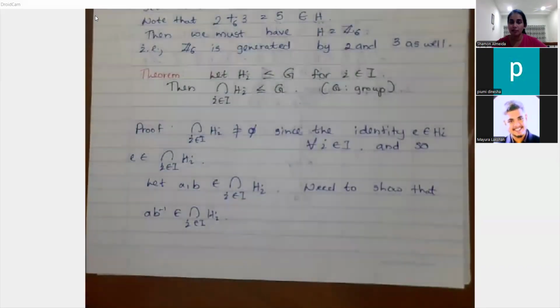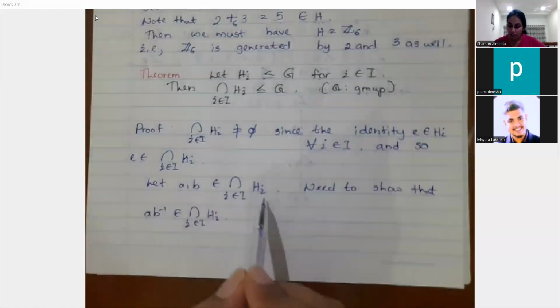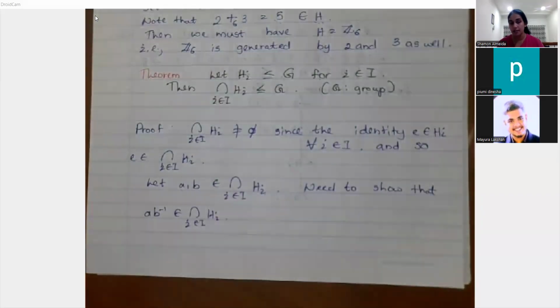Each Hi is a subgroup of G, so they are groups on their own. Therefore, when you take two elements a, b from the intersection, a, b is in Hi for each i. In each Hi, you have the two elements a, b. Because Hi is a group on its own, a b inverse must belong in there. Why? It's a group closed under the binary operation, closed under inverses. Therefore, a b inverse is in each Hi. Once again, since every Hi contains that element, it must belong in the intersection.